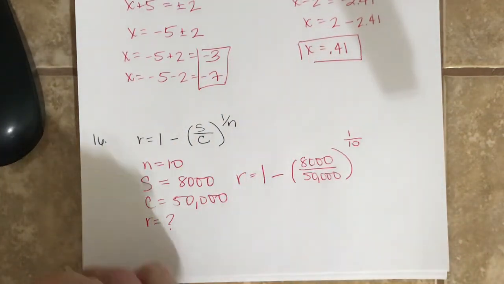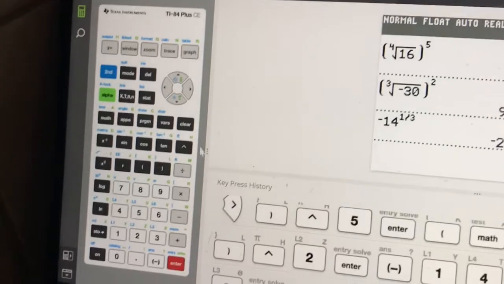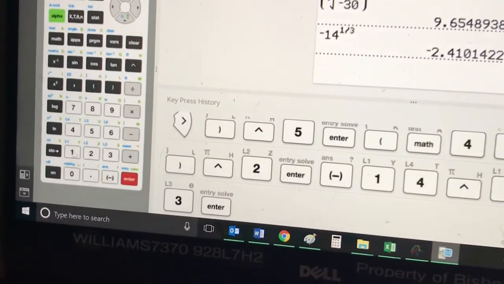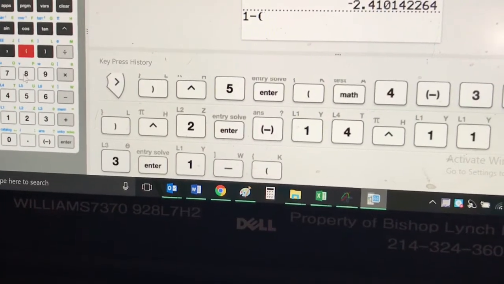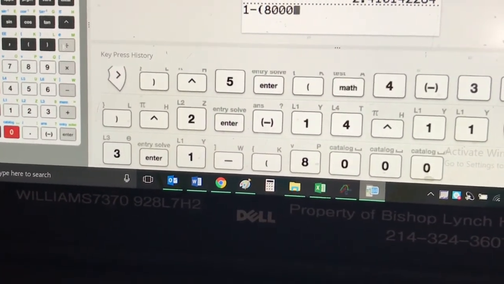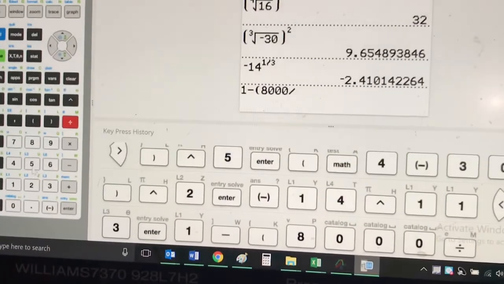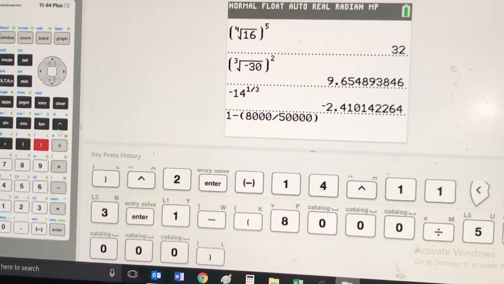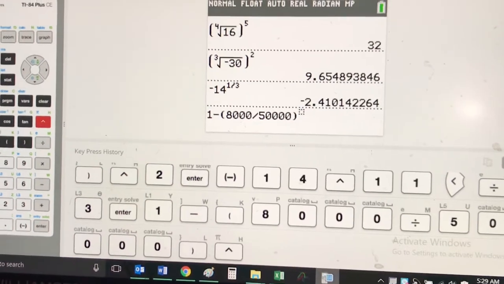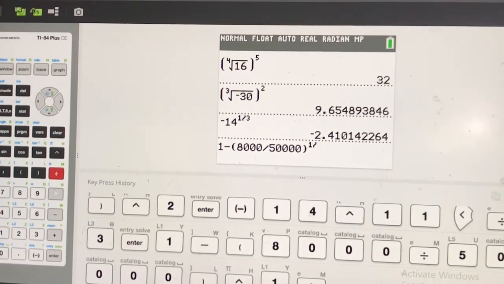So I plug that in to the calculator. I'm just going to type it in just like I see it. 1 minus 8,000 divided by 50,000 raised to the 1/10.